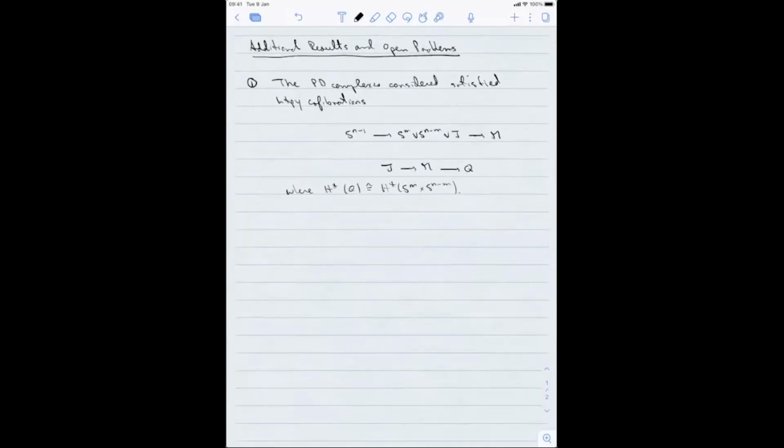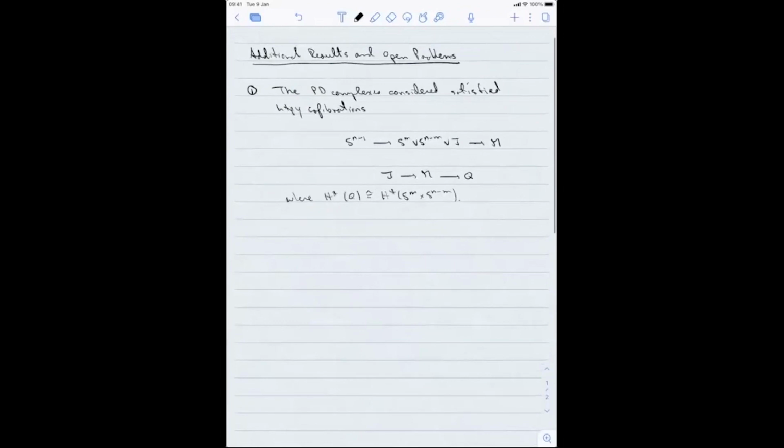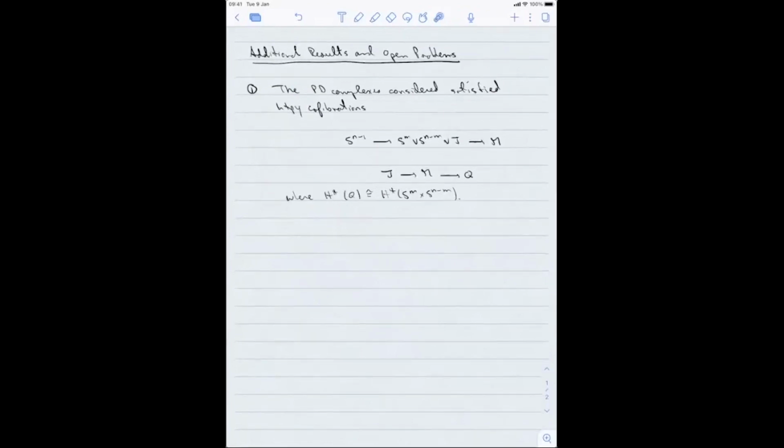And in all the cases we considered, they've got this wedge of two spheres inside the middle dimensions.